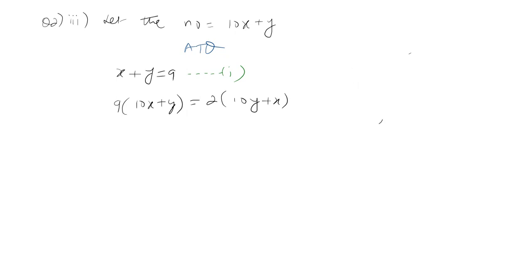So now what I have to do is further simplify to make another equation. So that gives you 90x plus 9y equals 20y plus 2x. So this 2 comes here, it is 88x minus 11y equals 0. Why minus 11y?